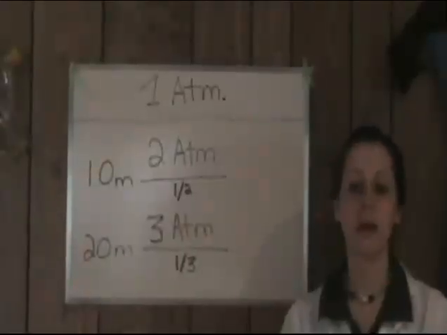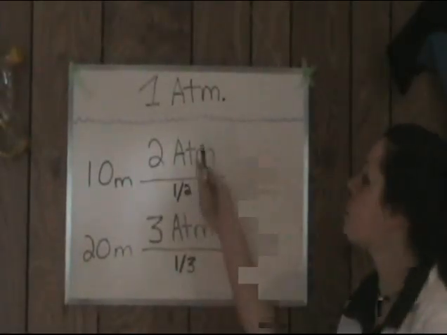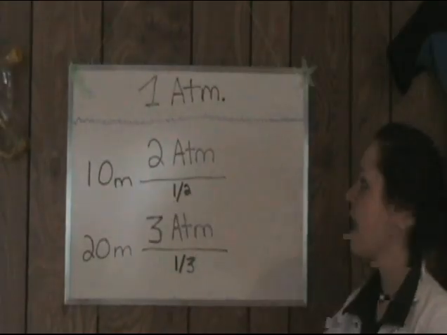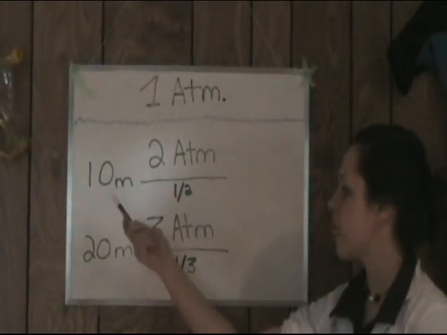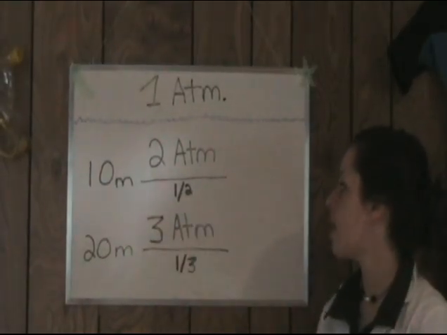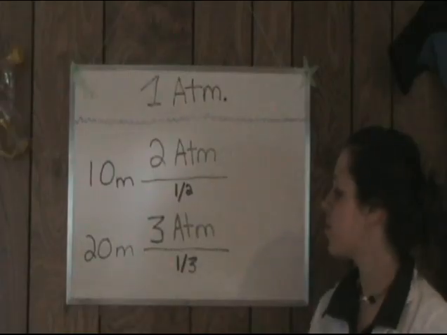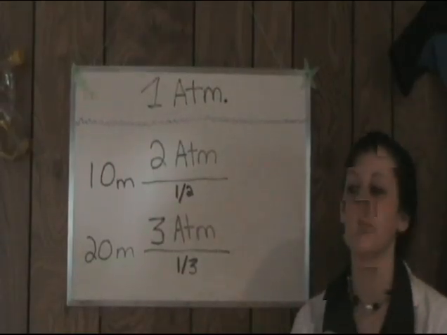Okay, so when we're scuba diving and we're at the surface, we call that 1 atmosphere of pressure. Go down to 10 meters, we call that 2 atmospheres, and 20 meters, 3 atmospheres, and so on as you get deeper.